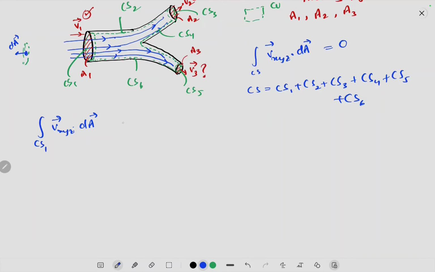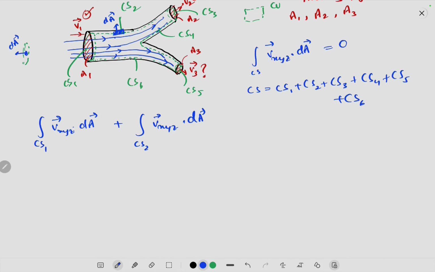Now we can write this as plus integral over CS2 vxyz dot dA vector. Now what is this dA vector? This dA vector is somewhere over here, with dA vector like this.